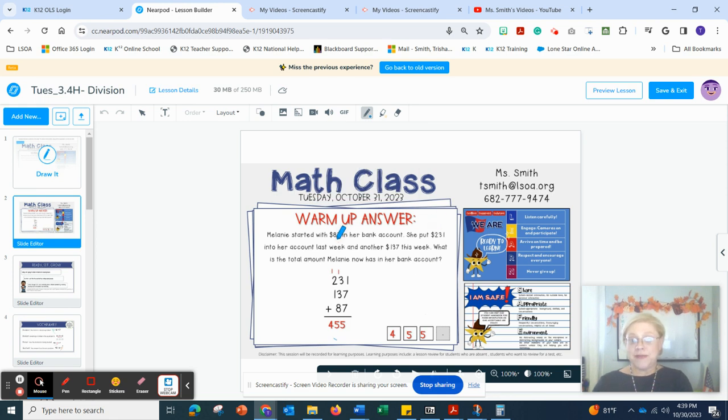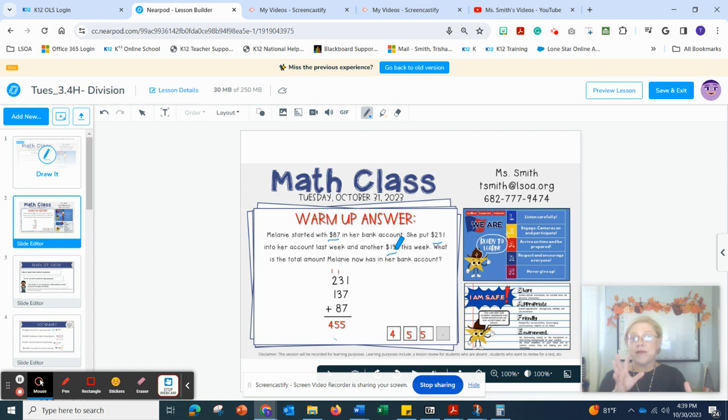So what do we know? Melanie started with $87. She then put in $231 one week, and then another week she put in $137. After she put in those three amounts, how much does she have in her bank account?